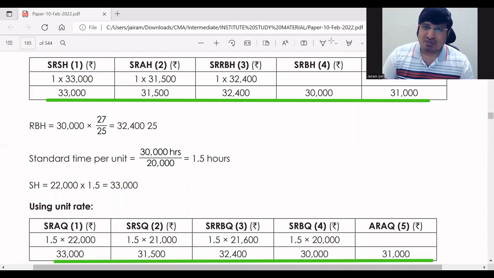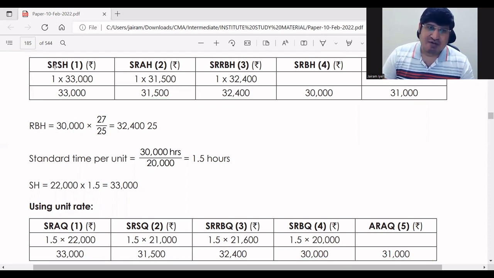Now the first thing: just remember one thing. Here it is standard rate into standard hours, but this is standard hours of actual quantity. So standard rate into standard hours of actual quantity, that you will get here.